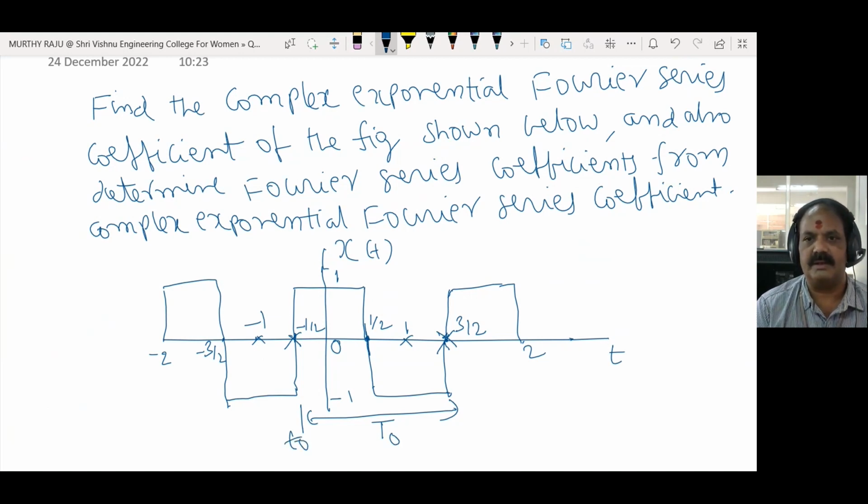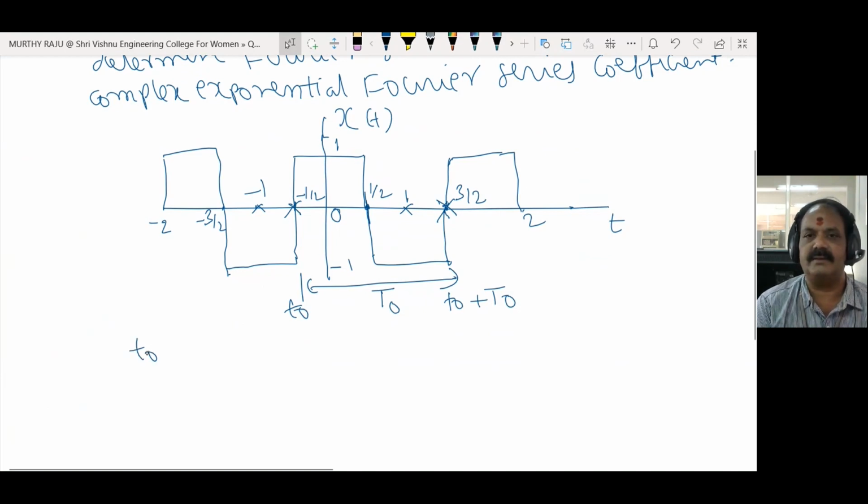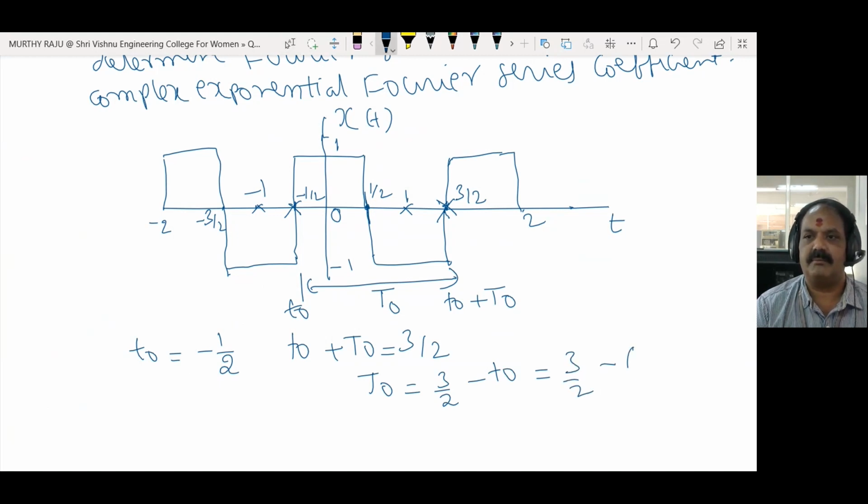Small t0 plus capital T0 is equal to 3/2, and small t0 is -1/2. Therefore, the time period T0 is equal to 3/2 minus small t0, that is 3/2 minus of -1/2, which is 3/2 plus 1/2, 4/2. That is 2. The time period of the waveform is 2.